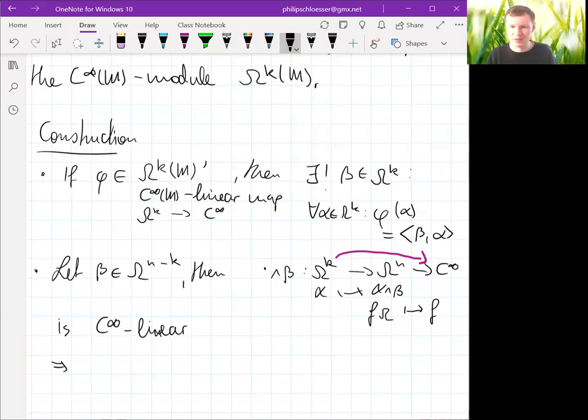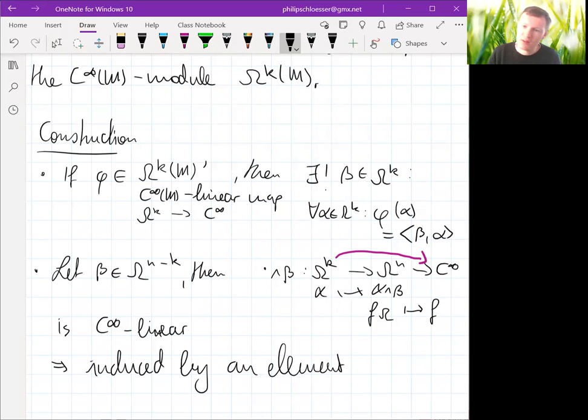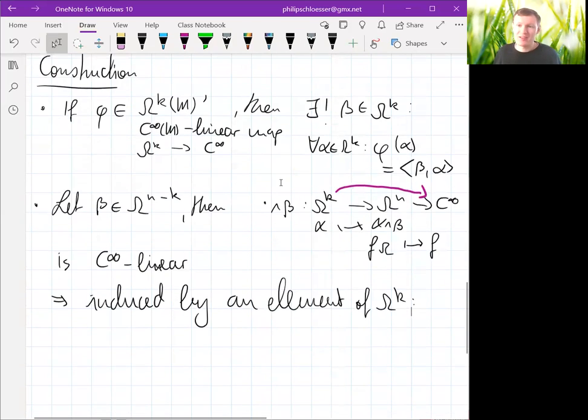So this map is induced by an element of Omega^k. Well, I would like to say that this is the Hodge star, but it's actually the inverse of the Hodge star of beta.